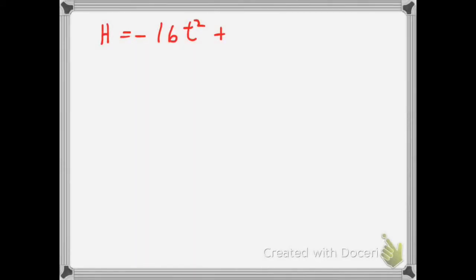Okay, so now that we know the height of the tower, we can replace the starting height with the 80.282 feet. Alright, and now if we want to determine what the velocity is when it hits the ground, we would have to take the derivative of this.